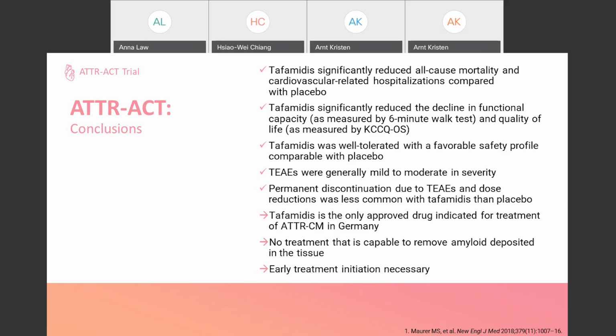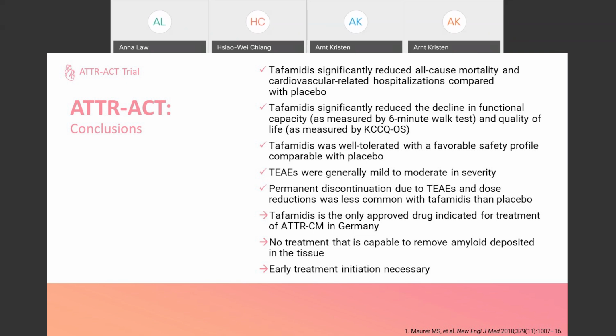So in conclusion, tafamidis significantly reduced all-cause mortality and cardiovascular-related hospitalizations compared with placebo. And tafamidis significantly reduced the decline in functional capacity as measured by the 6-minute walk test in the ATTRACT study, as well as the quality of life as measured by the KCCQ-OS. And in general, tafamidis was very well tolerated and presented a very favorable safety profile.